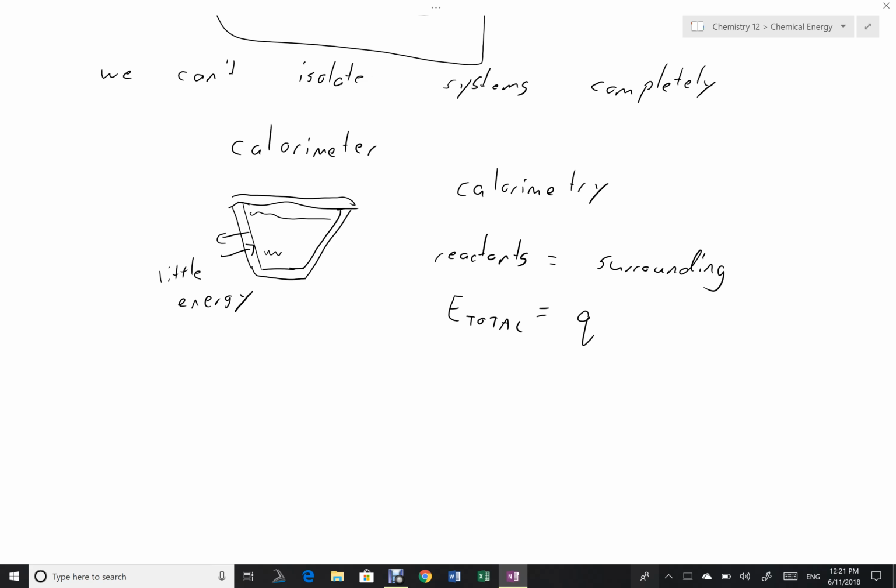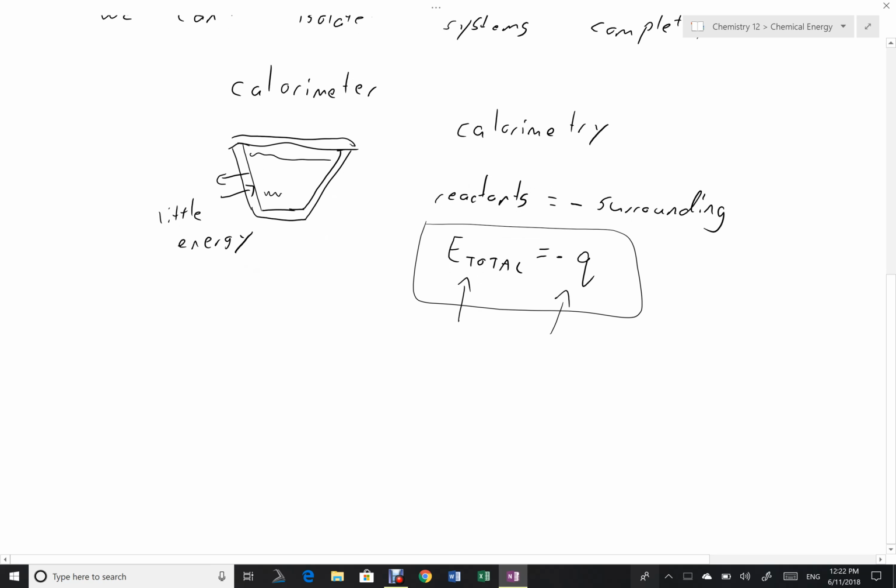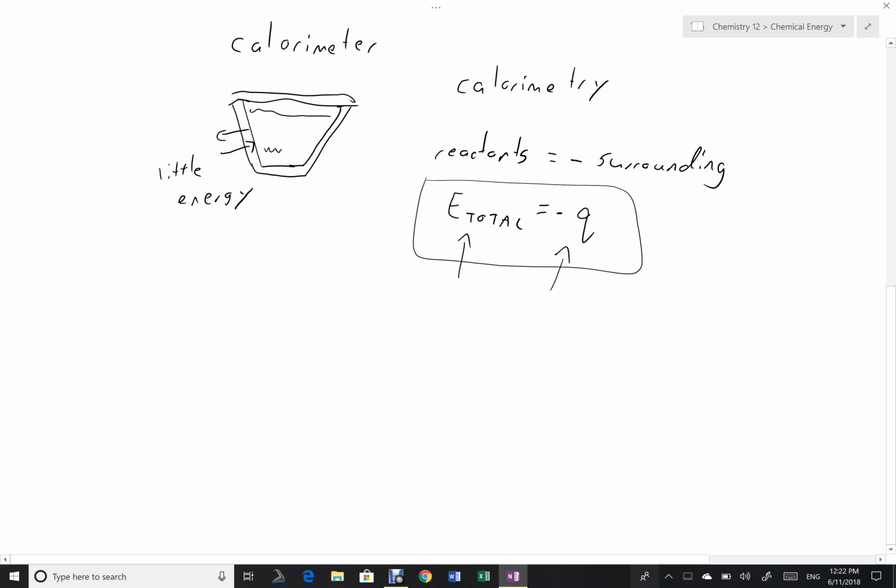If the reactants have to take energy from the surroundings, then the surroundings are going to decrease in energy. Or alternatively, if the reaction produces energy, if the reactants go to a lower state of energy, that energy is available. So these two numbers are opposite to each other. The energy total is equal to negative Q. That's if it's a closed system. The truth is, this is always going to be a little different from this because this is going to be a result of interacting not only with the chemicals but with the rest of the world. Ignoring that, for our calculation purposes, we'll pretend that this is perfectly true.